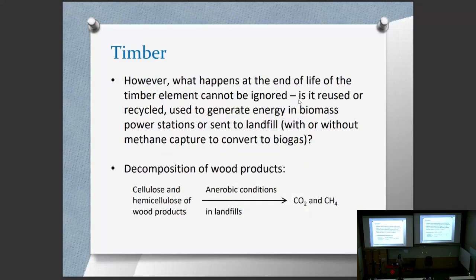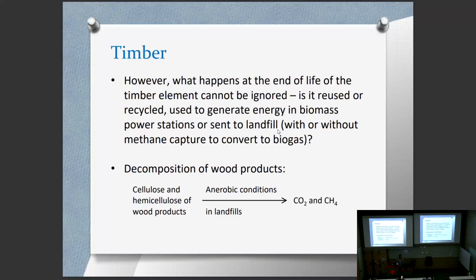Whether it is reused elsewhere, maybe in another new building, or recycled, crushed and used for particle board, or the biomass used for generating electricity, or sent to the landfill to decompose.